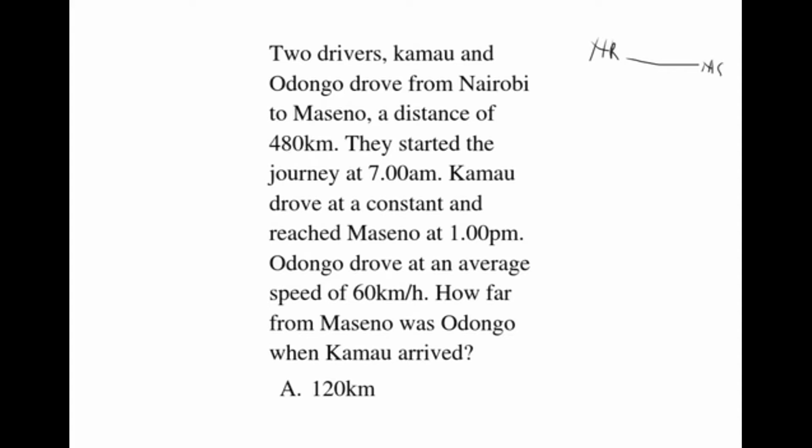The distance is 480 kilometers. Then both of them started the journey at 7 a.m. Then Kamau drove at a constant speed and reached Maseno at 1 p.m. First, let us get the average speed of Kamau.